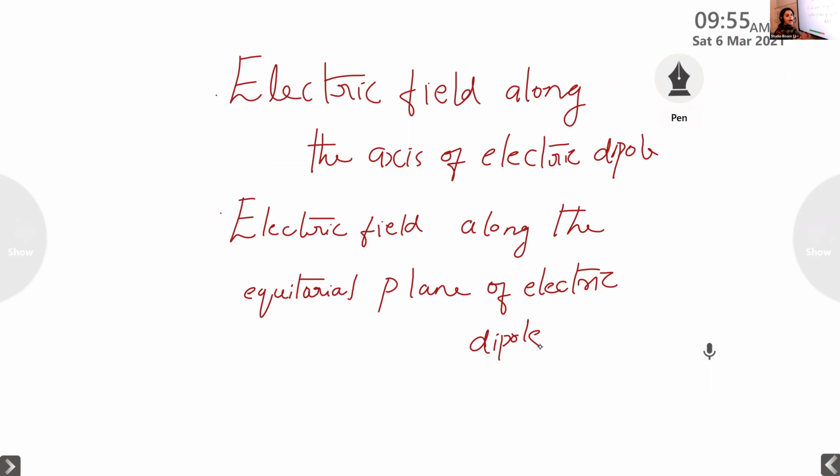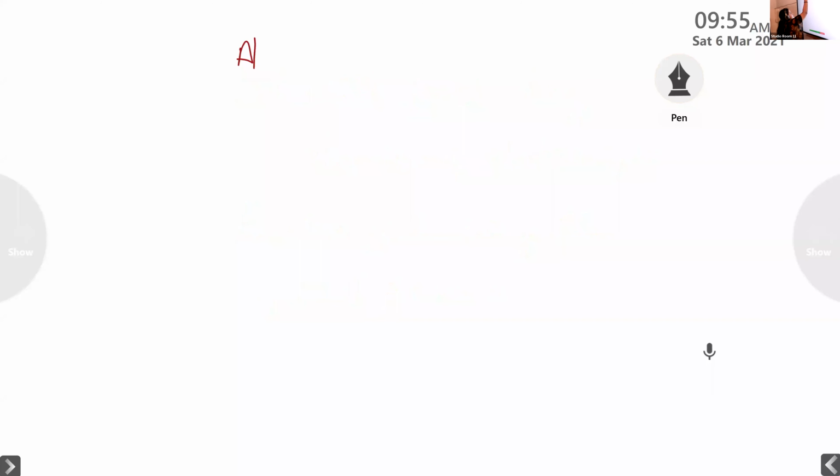So we can discuss it one by one. First, we are going to discuss the electric field along the axis of electric dipole. We have already studied what is meant by electric dipole: equal and opposite charges separated by a small distance.